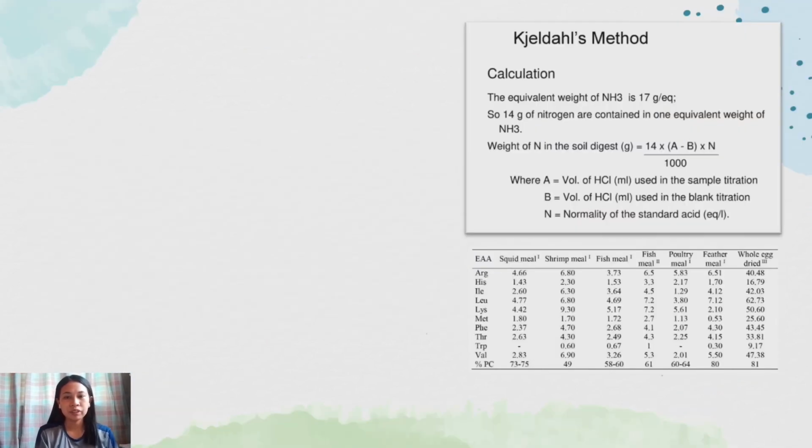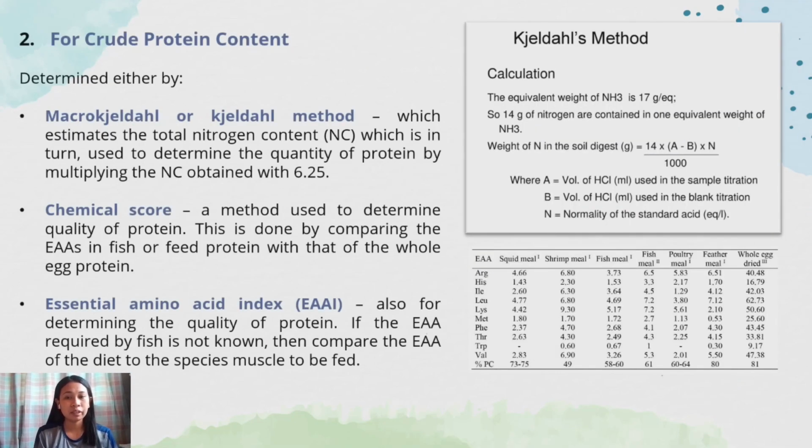The crude protein content can be determined by the Kjeldahl method, which estimates the total nitrogen content, which is in turn used to determine the quantity of protein by multiplying the nitrogen content obtained by 6.25. So this is an example of calculation of the Kjeldahl method.